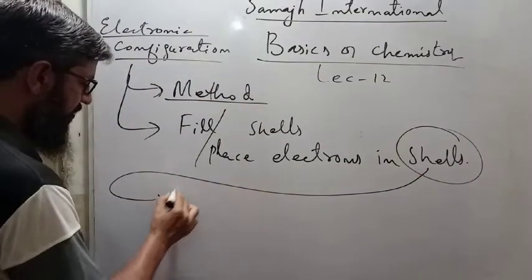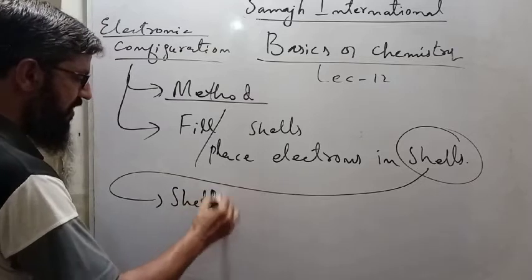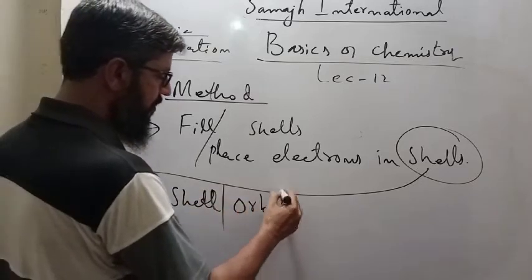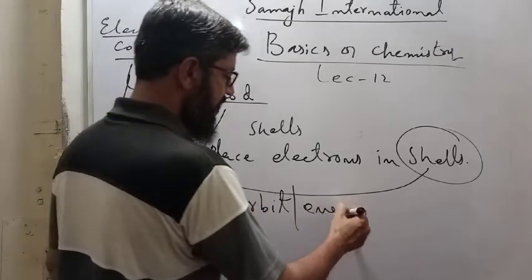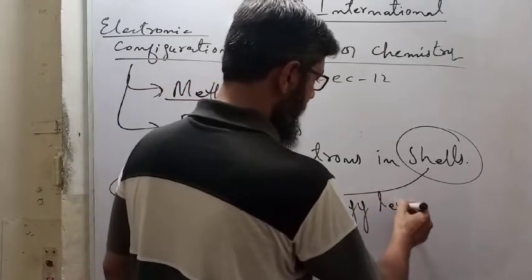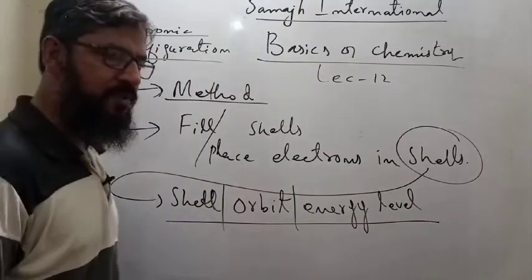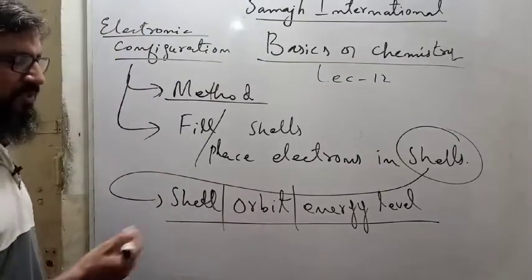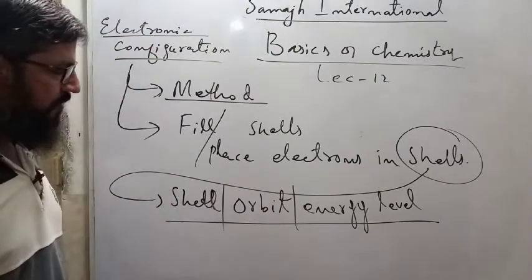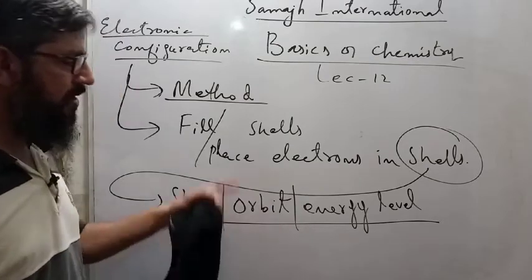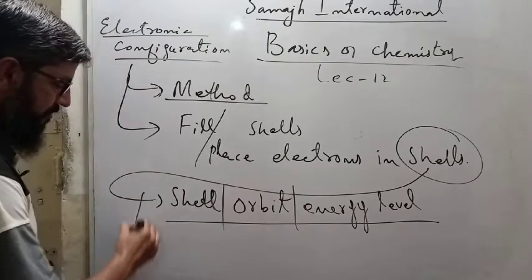The shell, orbit, energy level. These three words are similar. There is a difference between these three words, but not now. These three words are similar: shell, orbit, or energy level.